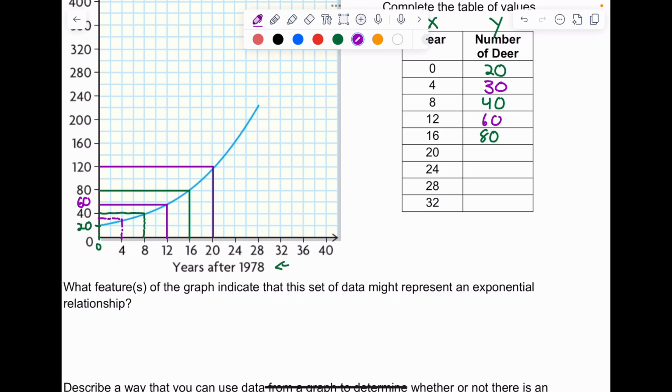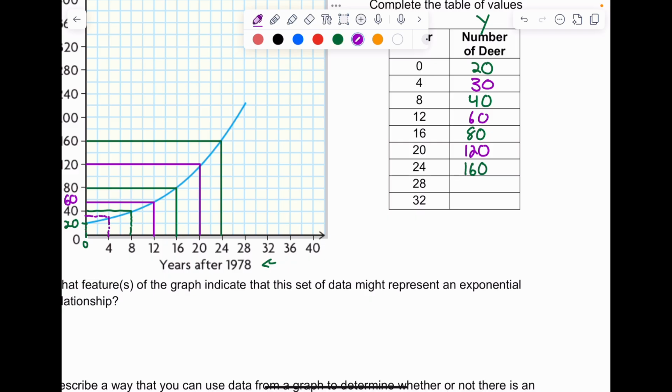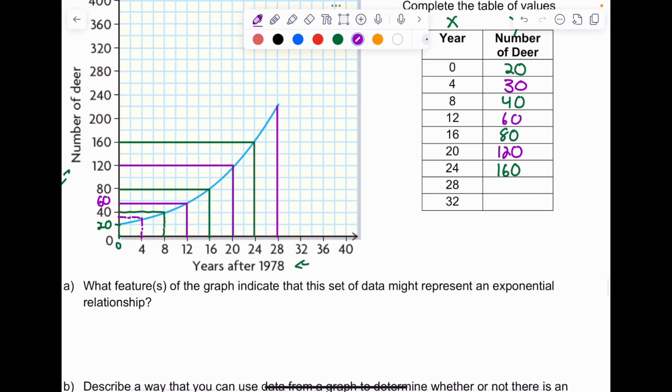You're at 120. 24, go up, read across. You're at 160. All right, 28, go up, and then read across. You are at 220. And then 32, oh, looks like we can't go up.